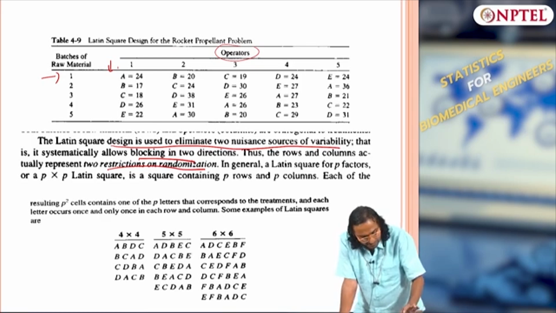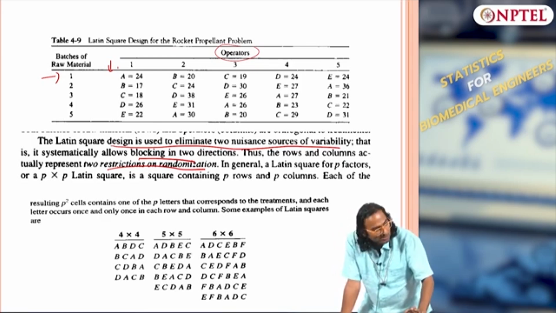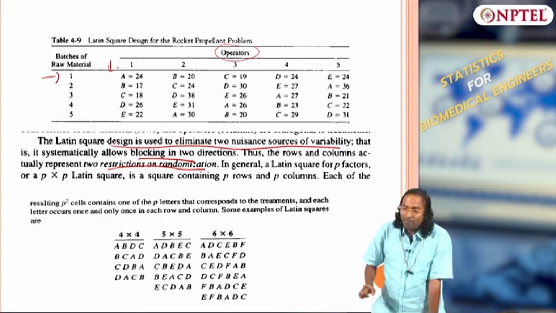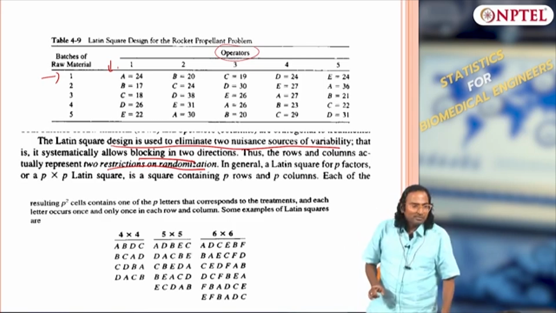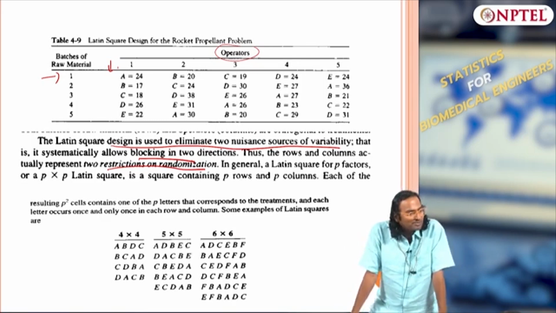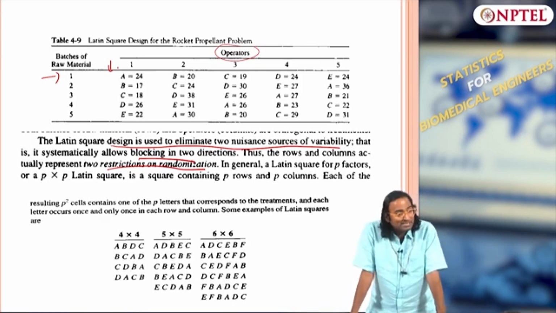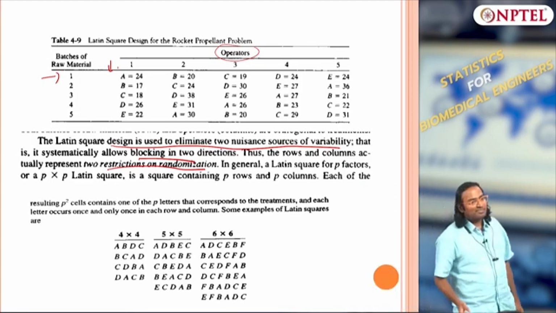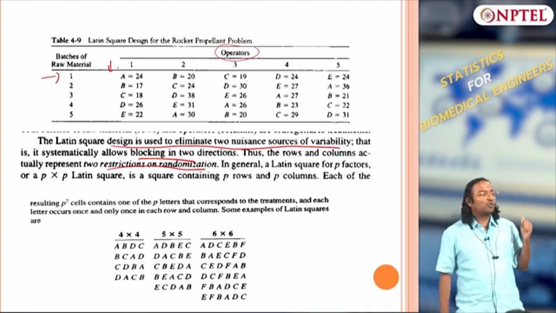You look at this batch of raw materials. There are 5 batches, 1, 2, 3, 4, 5, and there are 5 operators. You are interested in the treatment, and the batches and operators are blocks for me.